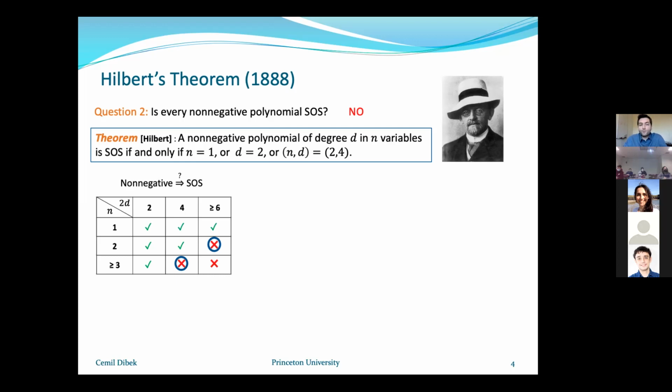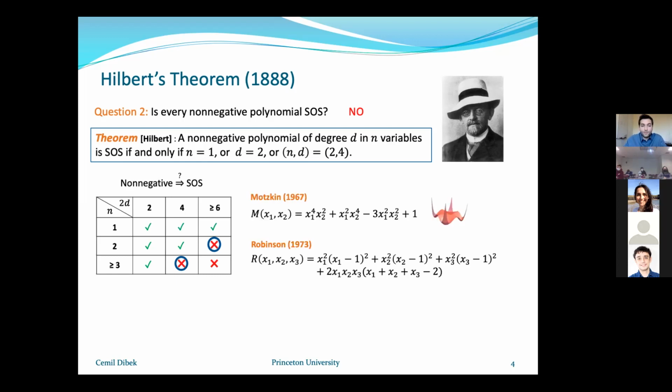However, Hilbert's proof was not constructive in the sense that he didn't provide an explicit example of a non-negative but not SOS polynomial. And if you think about it, it's not that immediate to come up with such examples. For that, we had to wait 80 years, when Motzkin in 1967 gave this example for the case (2,6), 2 variables and degree 6.